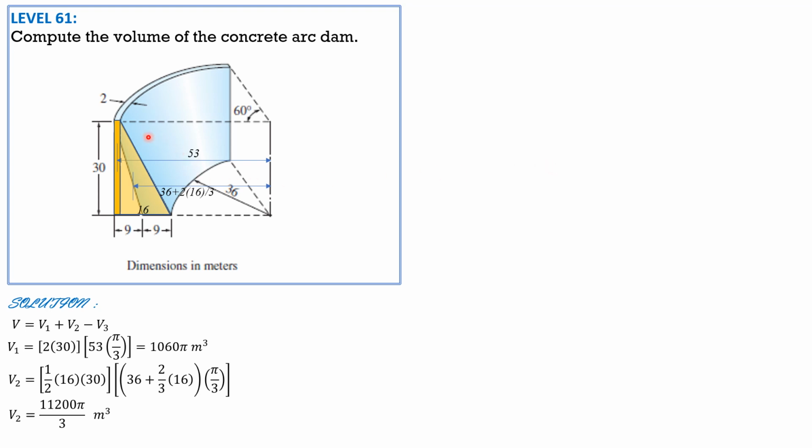Then for volume 3 to be subtracted, the dimension is 9 base, height 30, and the distance of the centroid is 54, that is 36 plus 18, 54 minus 1/3 of 9, which is 3, so 51. So volume 3 is 1/2 of 9 times 30 times 54 minus 3, or 51 meters, times the angle of revolution pi over 3 radians.